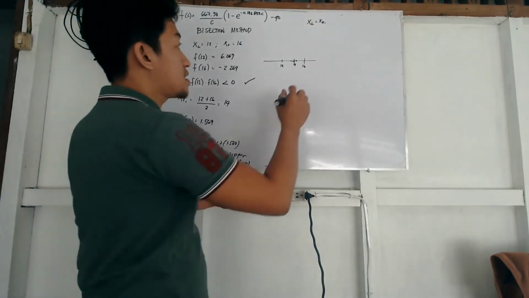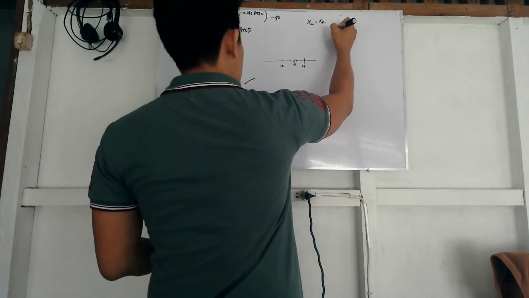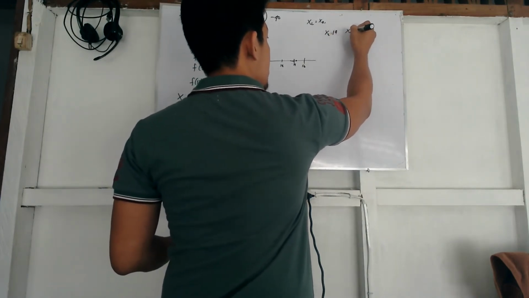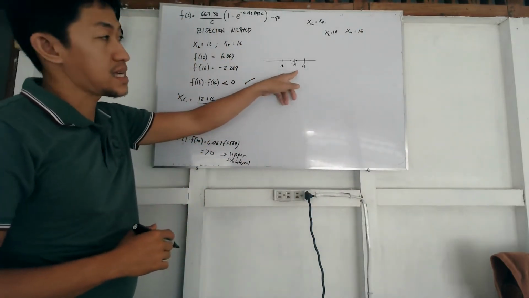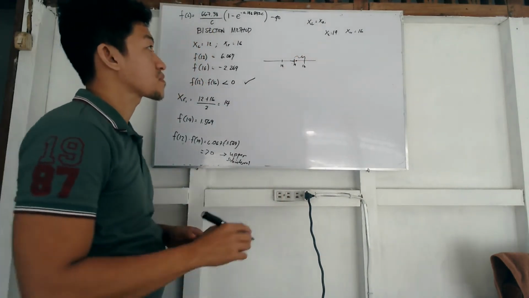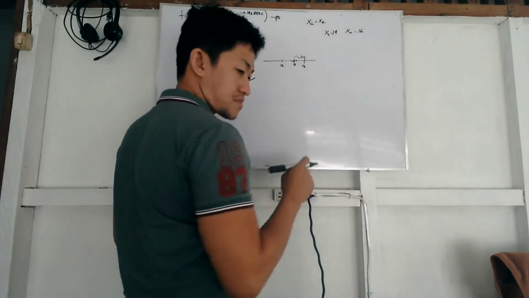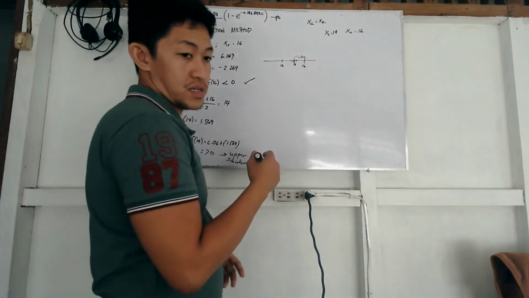Therefore the new interval is 14 and xu is 16. Your root is in here. And then proceed to step 2.